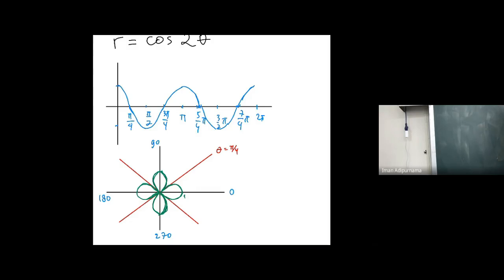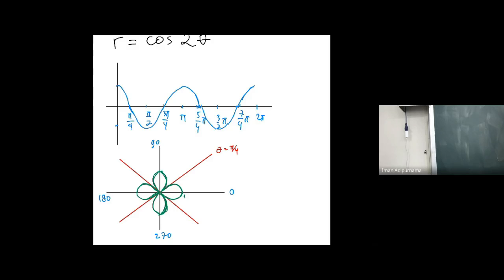But at least for now, in these graphs, you get the idea why the graphs look like this. Whenever you are drawing and you see the radius is negative, it means you need to go behind. If this is positive, the negative one is behind that positive.